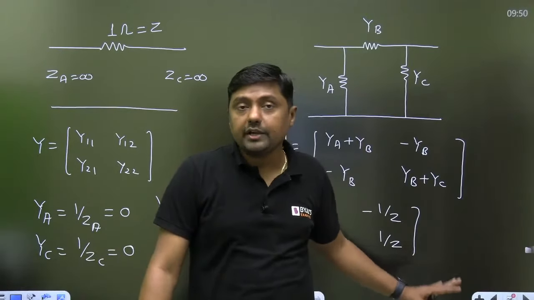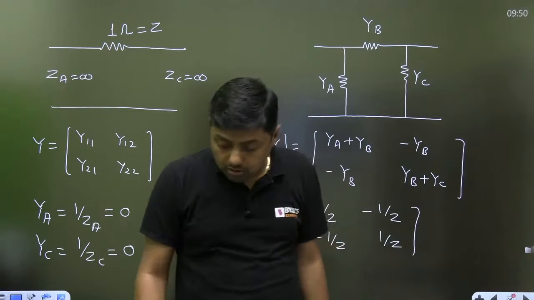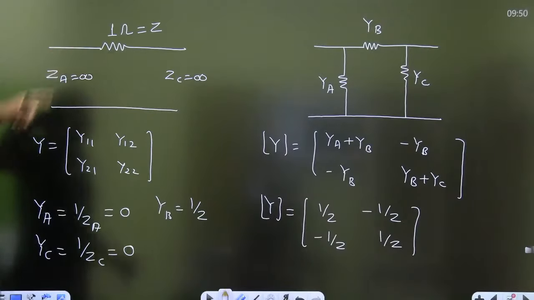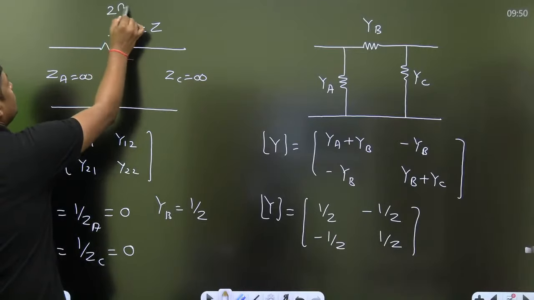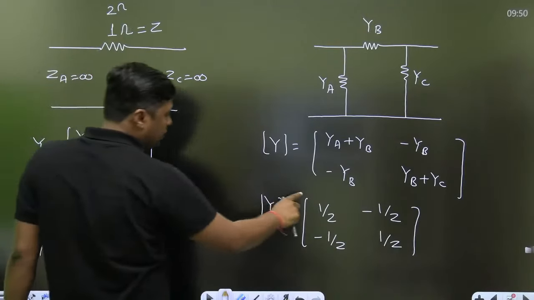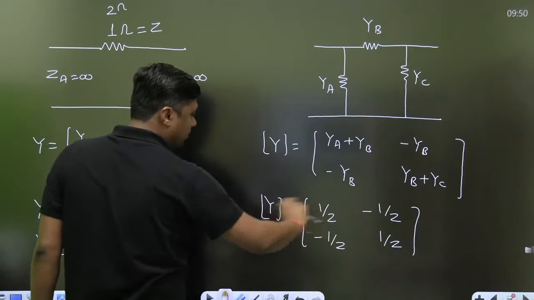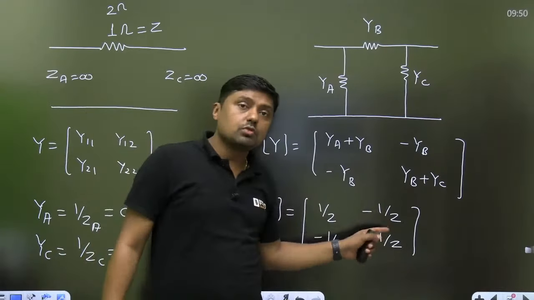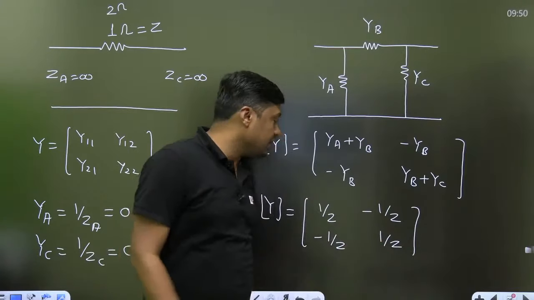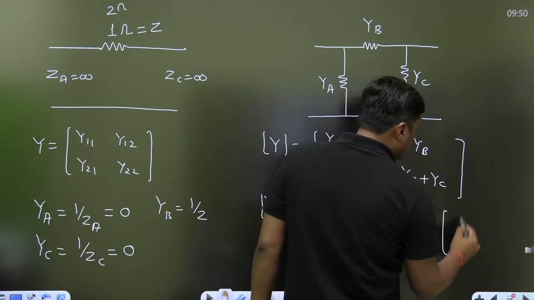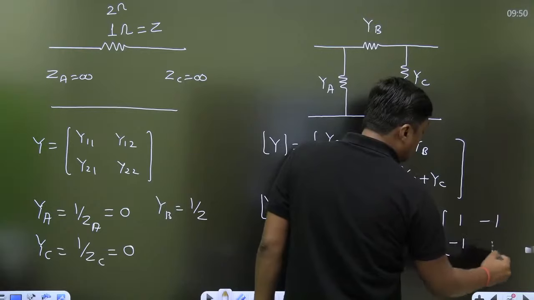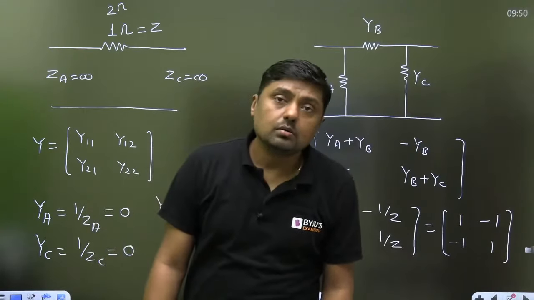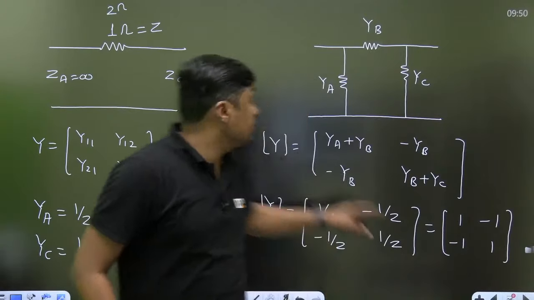Directly you can write the Y parameter for this network. Suppose 2 ohm is given, directly you can write 1 by 2, minus 1 by 2, minus 1 by 2, 1 by 2. If 1 ohm is given, 1 by 1, minus 1 by 1, minus 1 by 1 and so on. And that's why the Y parameter will become 1, minus 1, minus 1, 1. That is the Y parameter for this network.